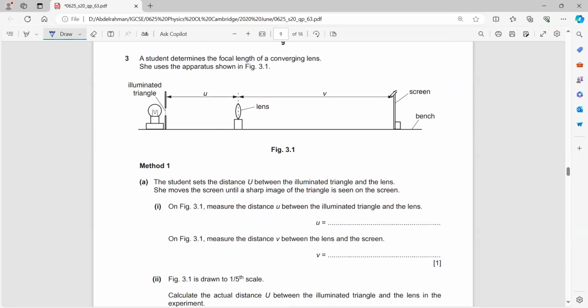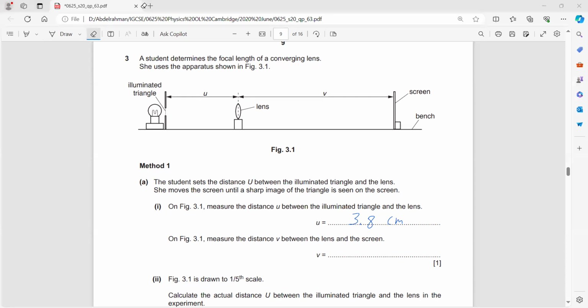A student is determining the focal length. Measure the distance u. How can I measure? Of course using the ruler: 3.8 centimeters, and V is 8.4. Guys, 3.8 is the value you measured using your ruler. Is that the same value as the marking scheme? No. What's the difference? It has to do with the printing of your paper.